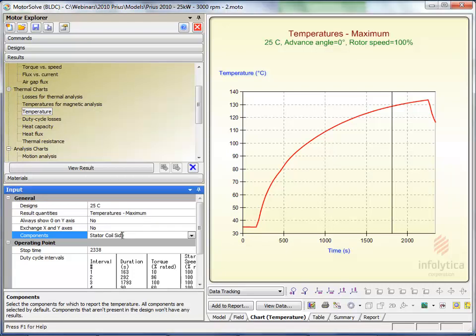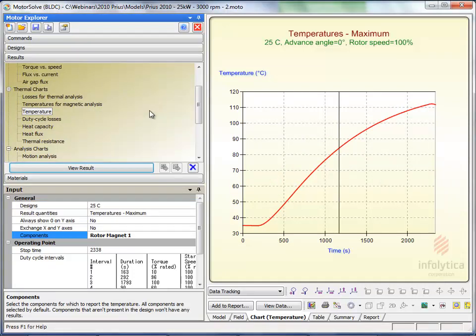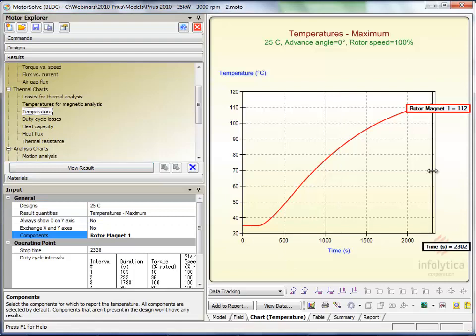We'll do this for the magnet. You can see here that the magnet has a slightly different profile. It's a little bit slower to react to the heat imposed from the excitation. And the overall temperature for the magnet peaks out at around 112 degrees C.